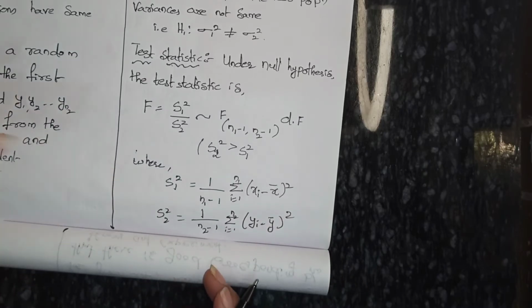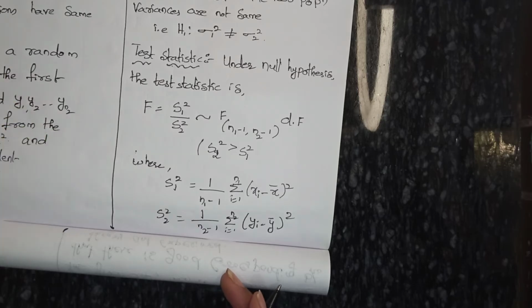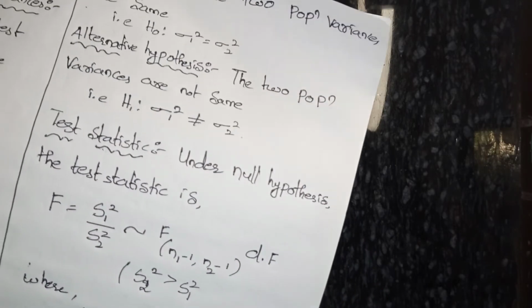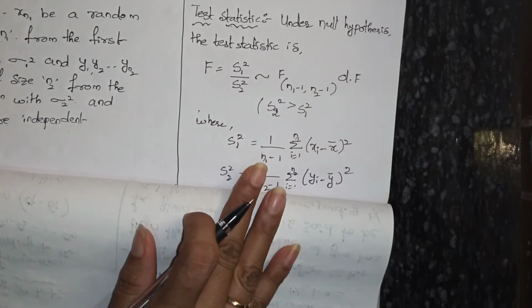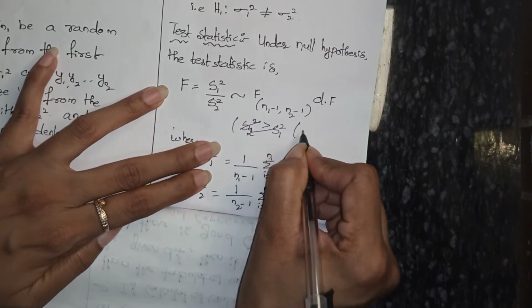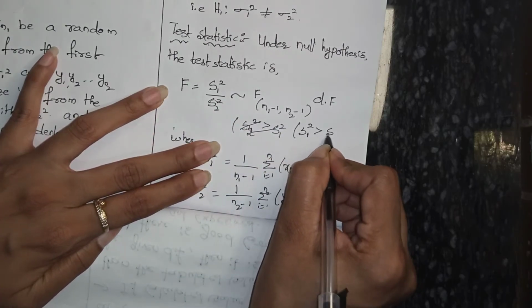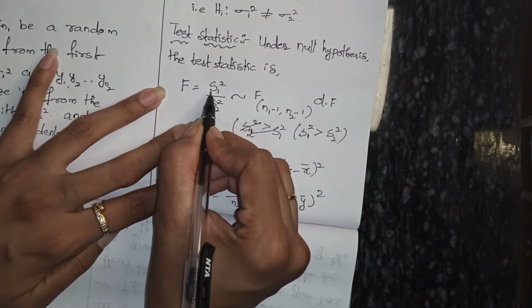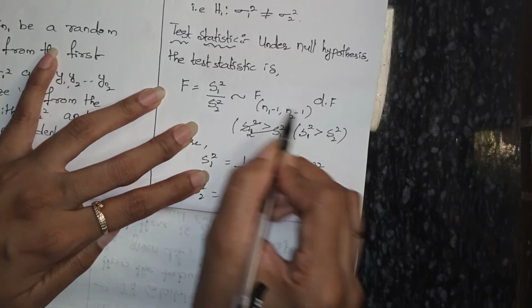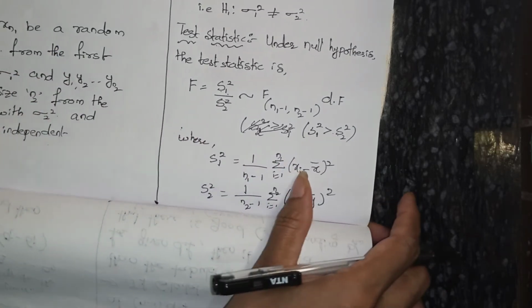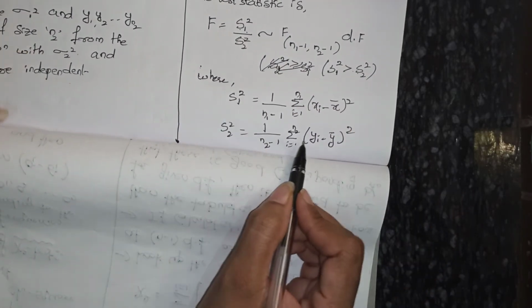Here the degrees of freedom are n1 minus 1, n2 minus 1. The condition is that the greater variance should be in the numerator. If S2 square is greater, we keep S2 in the numerator.